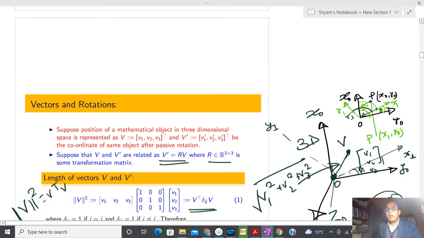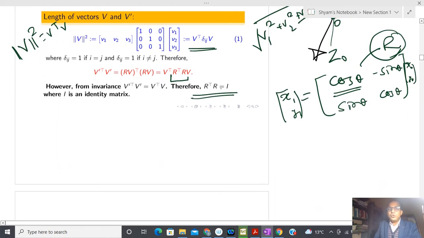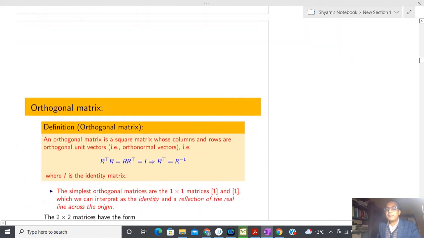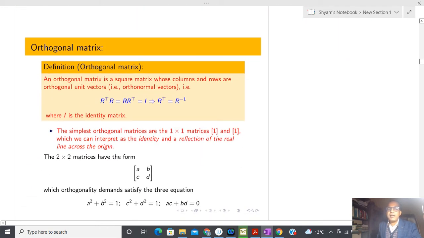Now we are going to try to understand this particular matrix with the help of some calculation based on matrix theory. What we found is that in matrix theory there is some class of matrices which is going to behave like this.